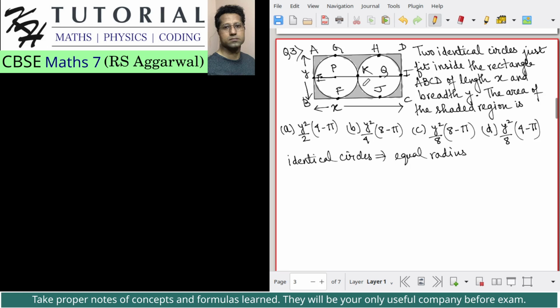Now the two circles are identical, which means their radii are the same.